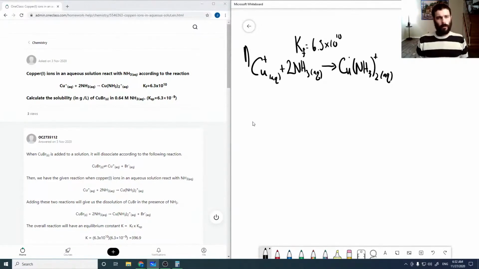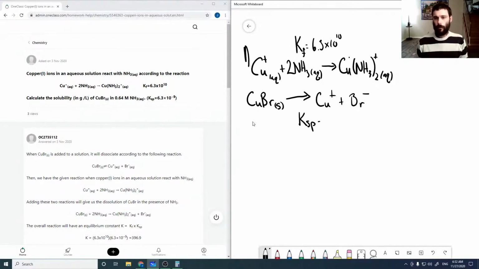And then it wants us to calculate the solubility in grams per liter of copper bromide. So our copper bromide is going to dissolve and give us copper plus bromine ion, and the KSP for this is 6.3 times 10 to the minus 9.